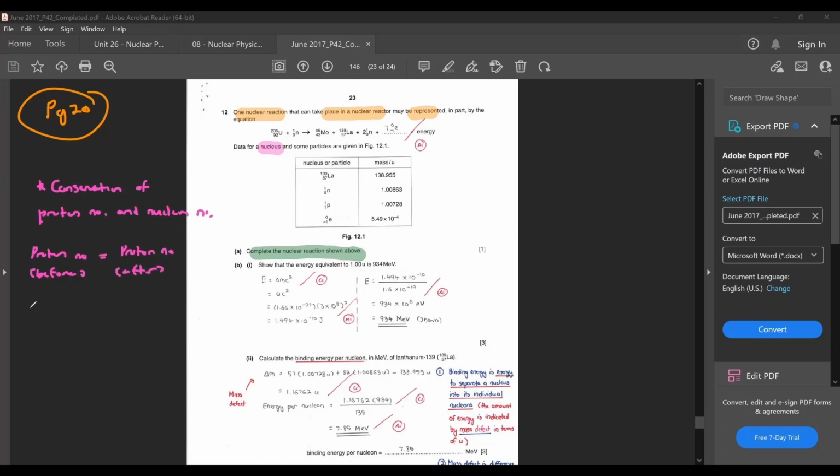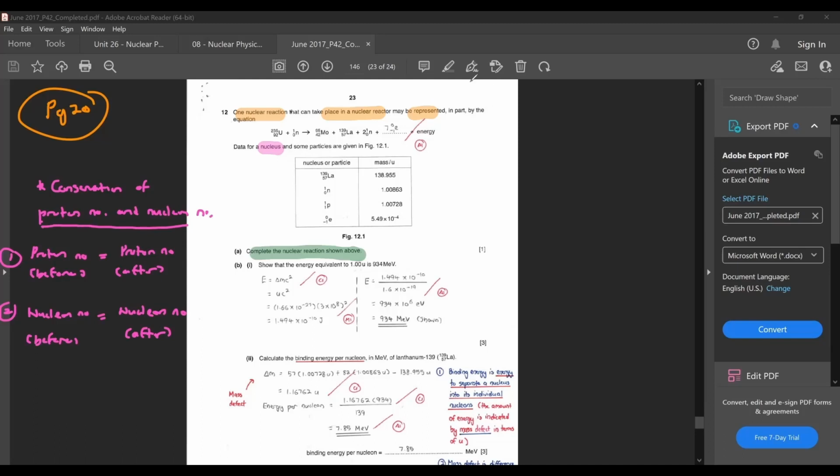The same can also be said for nucleon number. Nucleon number before the reaction is equal to nucleon number after the reaction. This is what conservation of proton number and nucleon number mean.